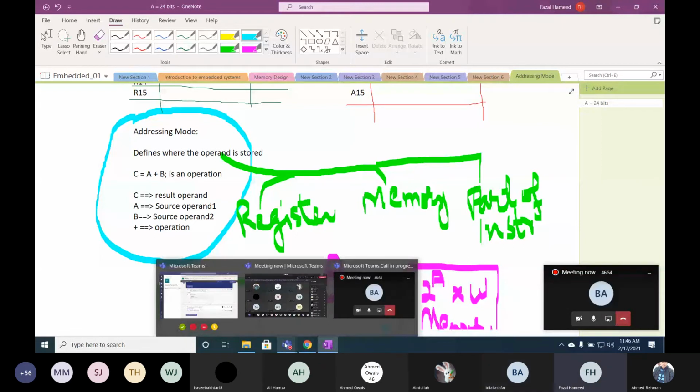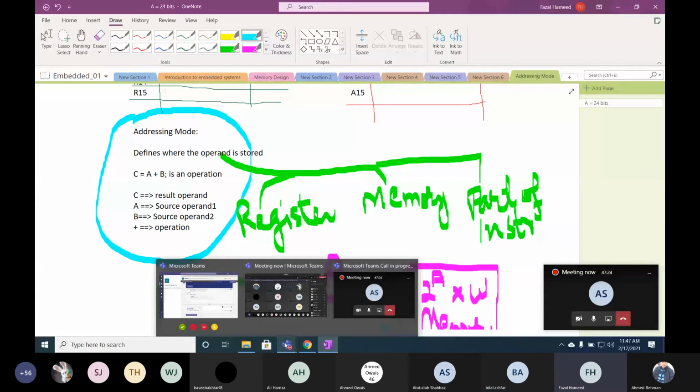So it means whatever the possible locations of the operand, कहाँ कहाँ पे स्टोर हो सकता है? मेमोरी में सर. Operand can be stored in memory, it can also be stored in register, and it can be a part of instruction.